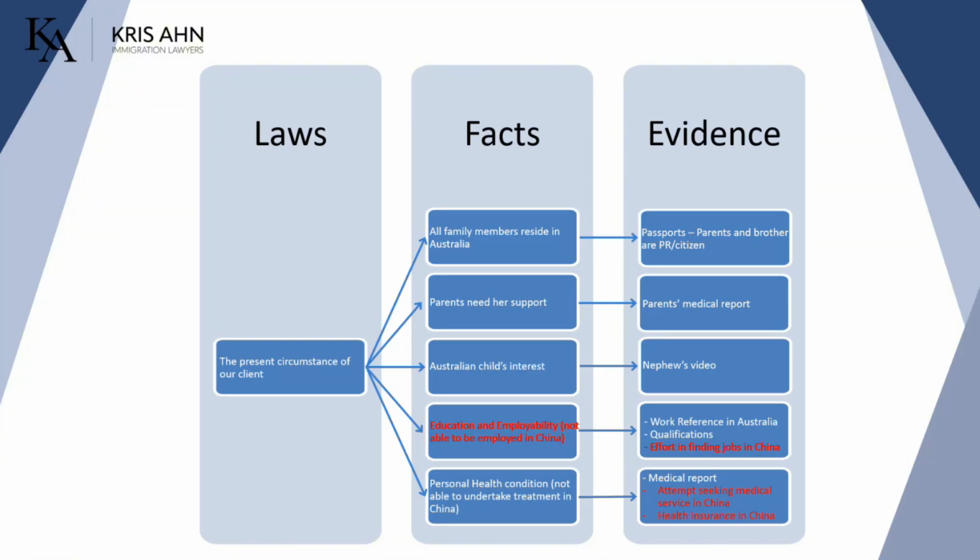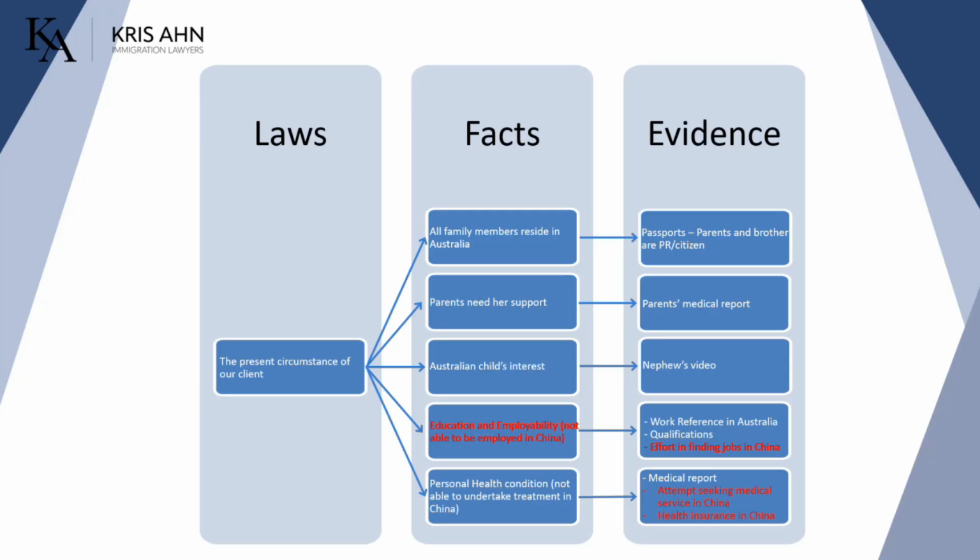We were trying to argue that, considering my client's age, and that she has never worked in China, and that her qualifications and employment have only happened in Australia, and that in China there isn't even an occupation called mortgage broker, her employability in China would be very low, and this is a factor the decision maker needs to consider.